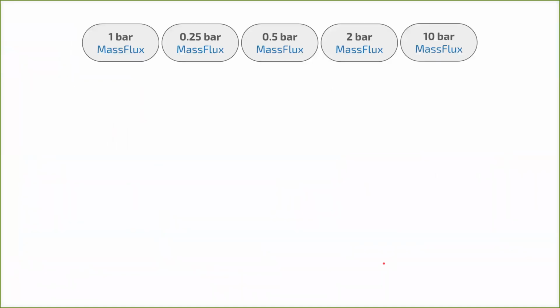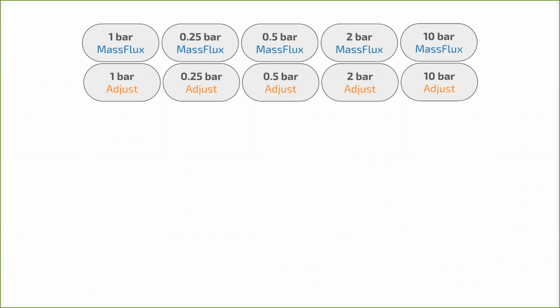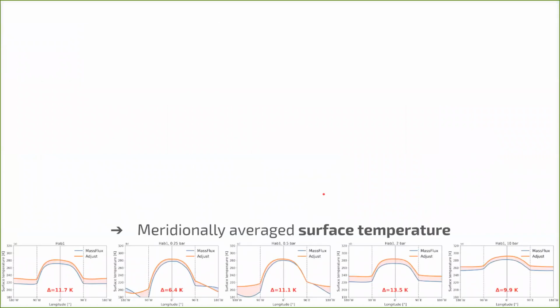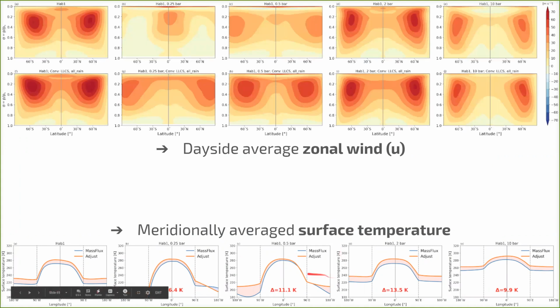And again, I ran the simulations first with the mass flux scheme and then with the adjustment scheme. The results in terms of the meridionally averaged surface temperature are shown here. You can again see the overall increase in temperature for all simulations.